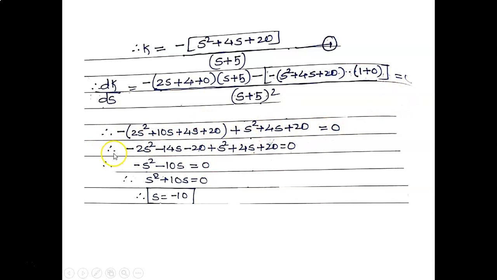Therefore, by simplification, minus 2s square minus 14s minus 20 plus s square plus 4s plus 20 is equal to 0. Therefore, minus s square minus 10s is equal to 0. Therefore, s square plus 10s is equal to 0. Therefore, s square is equal to minus 10s. Therefore, s will cancel, and we get the value of s is equal to minus 10.